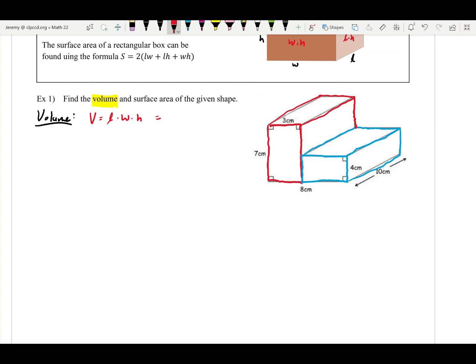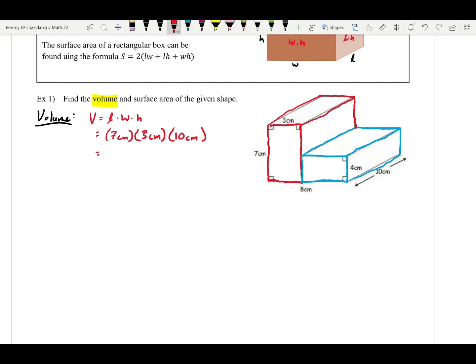So I'll write it down here. This is going to be 7 centimeters times 3 centimeters times 10 centimeters. It doesn't matter the order in which you list these factors. Remember, multiplication is commutative, so you can change the order. It's not going to affect it.